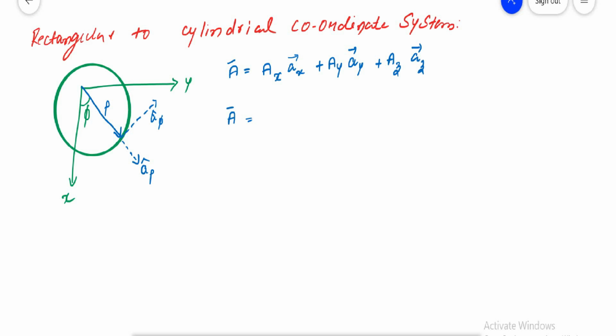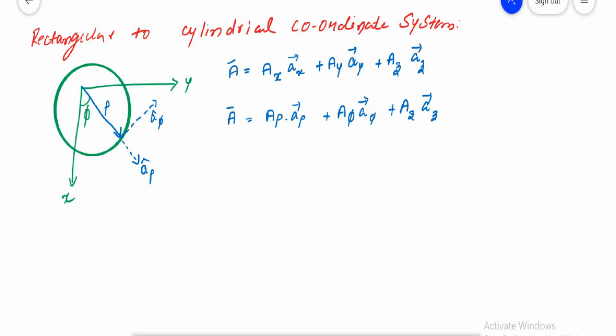Let us consider the projection of point A on rho, which can be written as A_rho in the direction of a_rho, and the projection of A on phi, that is A_phi, and the projection of point A in the Z direction, that is your AZ. So A_rho is nothing but a projection.